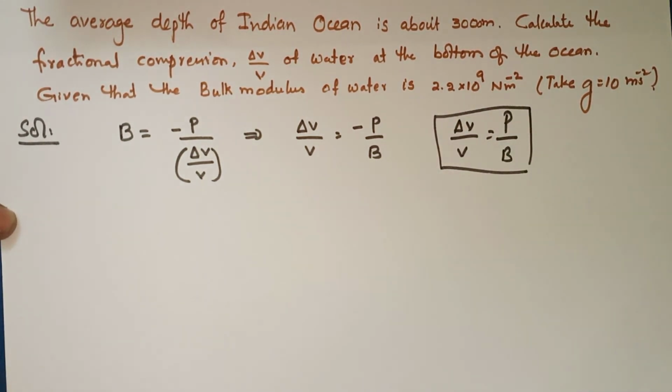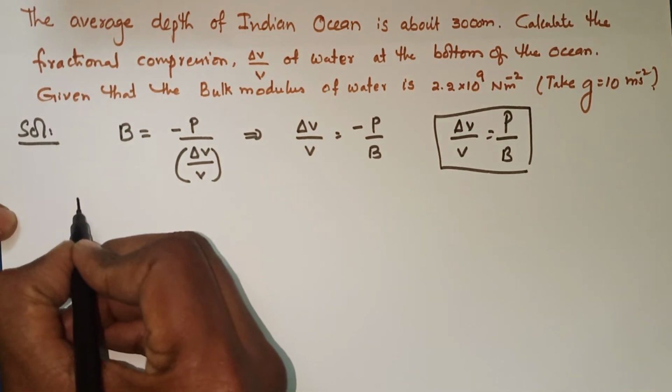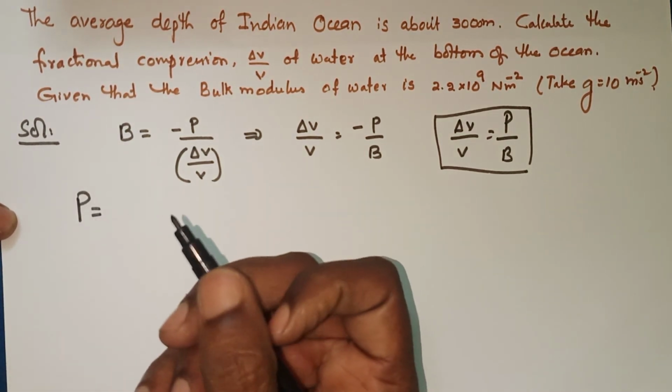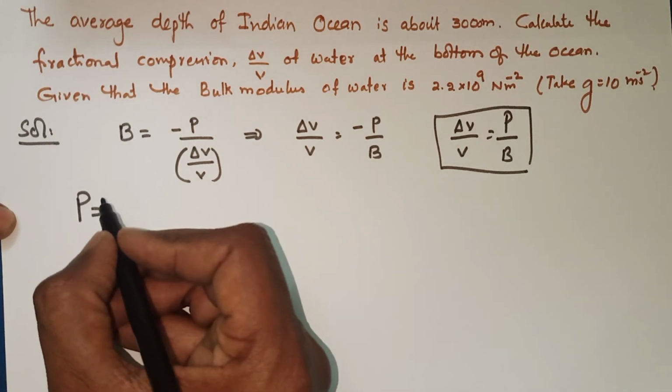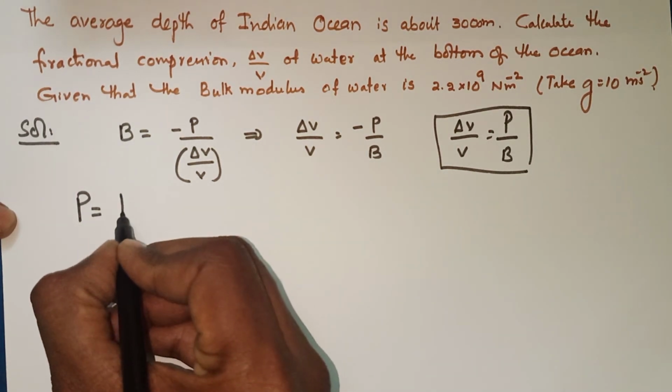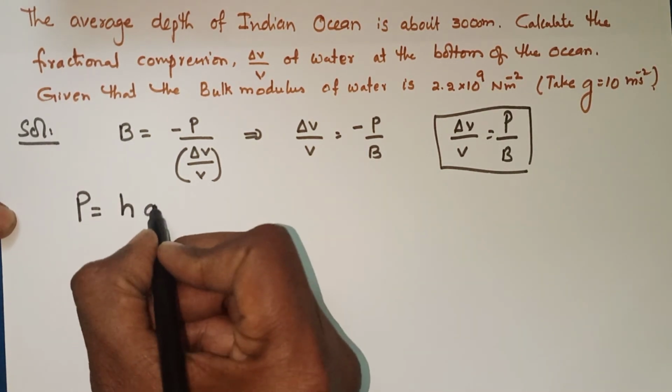Now we need to calculate pressure. Pressure is not given in the problem. What is the pressure formula? About height, where gravity is present inside it. So we will call it hdg.